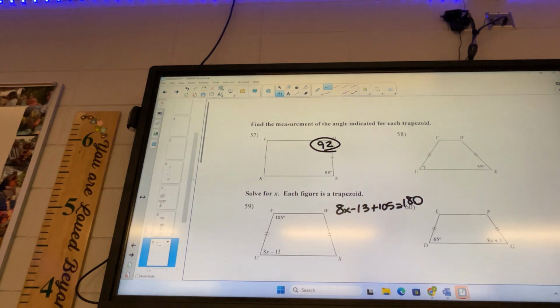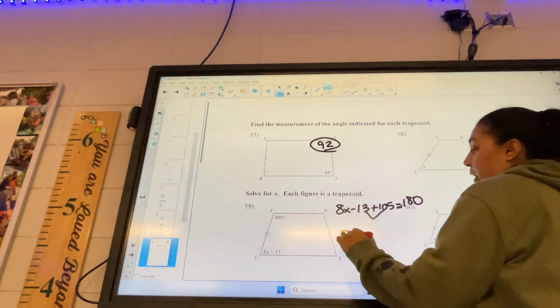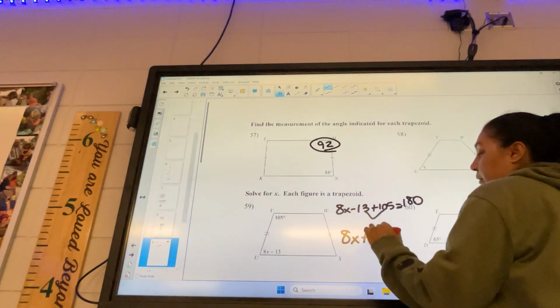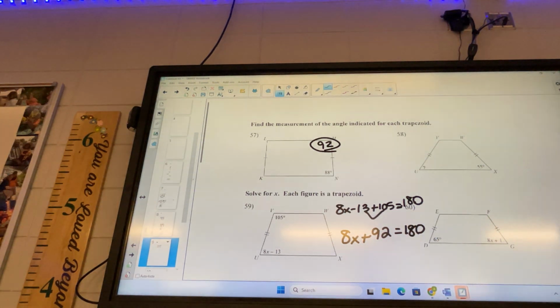Okay, who can we combine? Negative 13 and 105. What is negative 13 plus 105? 92. Minus 92 from both sides.